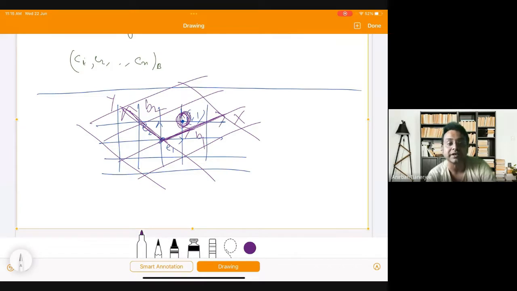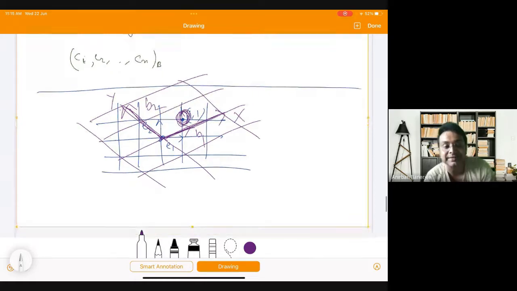So then the coordinate definitely may not be 1 comma 1, which is in your coordinate system. So that's why, when we say something in terms of coordinates, we have to say how the axes, I mean the bases, look like.